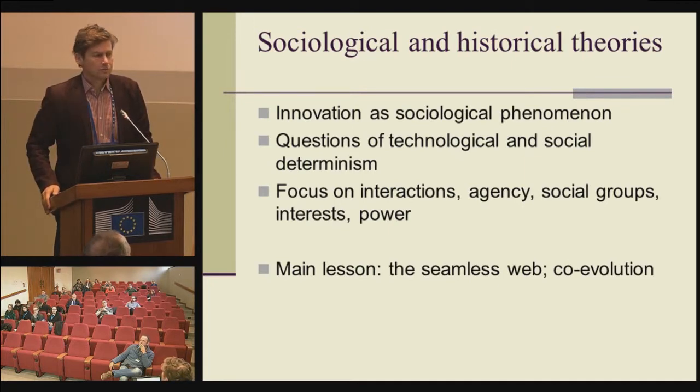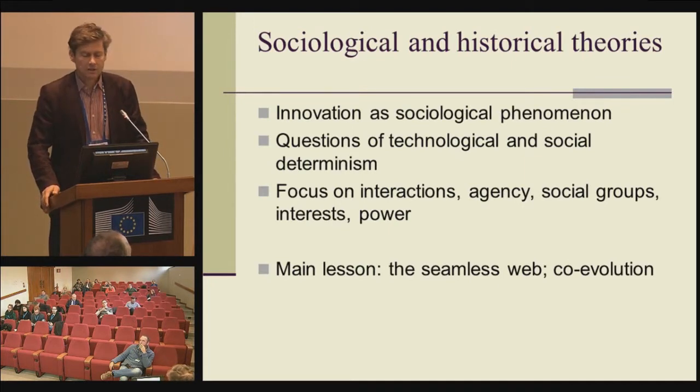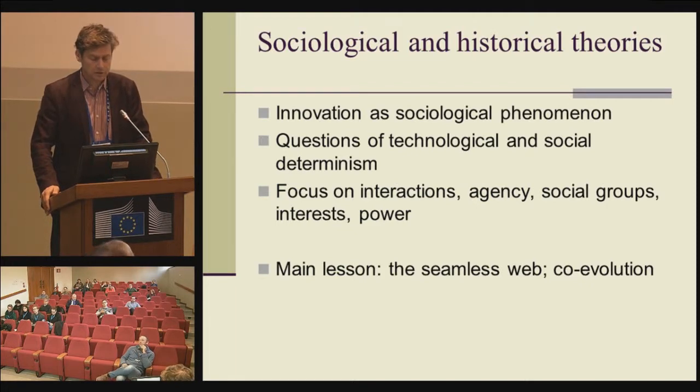When you start from sociology and history, then innovation is something that happens as a phenomenon in the world that could be studied as something that concerns people and firms and governments. And well, this then raises all kinds of questions. Mainly this has been discussed in terms of determinism.